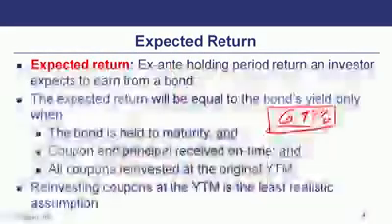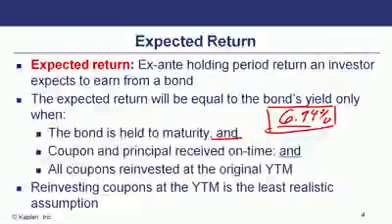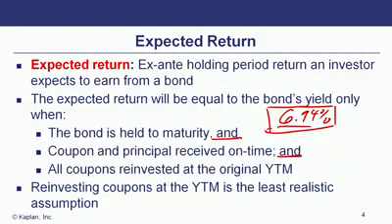Why? Because if you buy this 3-year bond today and you pay $922.64 for it, then here's what has to happen for you to earn exactly 6.94%. One, you have to hold the bond to maturity, and the coupon and principal payments have to be received on time. And all the coupons have to be reinvested at 6.94% until the end of the life of the bond. So you get the first coupon payment a year from today, you invest it for 2 years at 6.94.